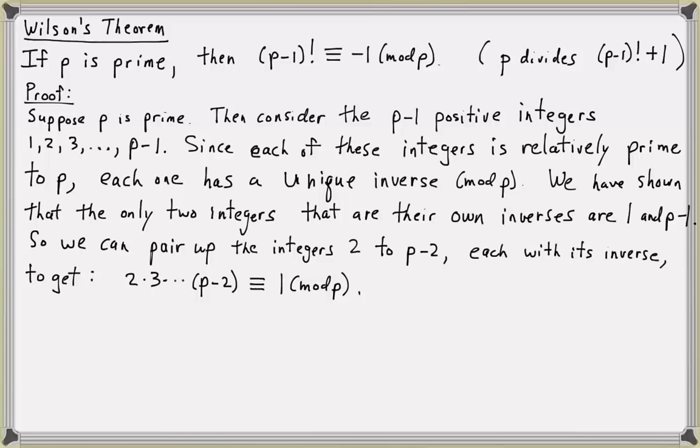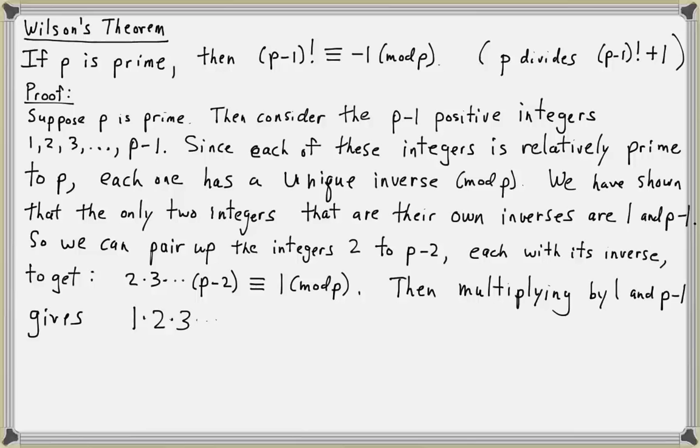When I multiply both sides of the congruence by p minus 1, this gives 1 times 2 times 3 all the way up to p minus 2 times p minus 1, and that will be congruent to p minus 1 mod p.